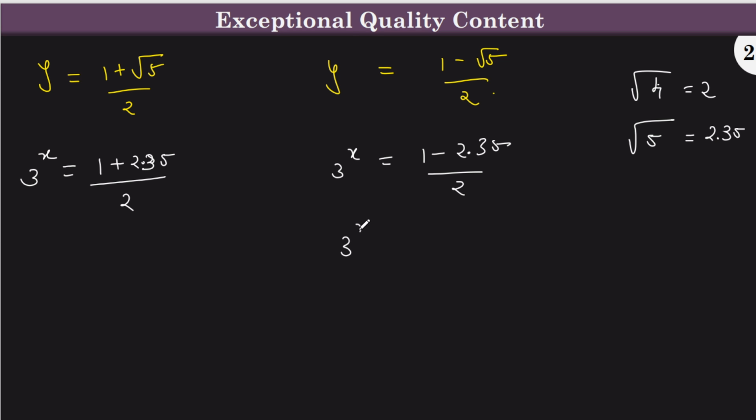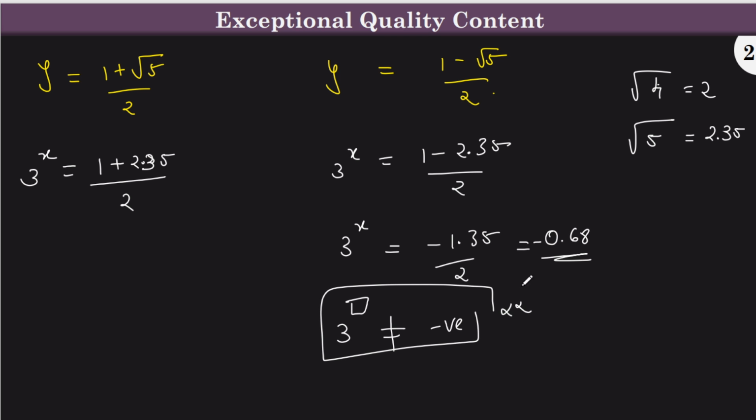So this value gives me 3 raised to x equals minus 1.35 by 2, which is approximately minus 0.68. Again, 3 to the power of anything will not give a negative value. So again, no solution from here.